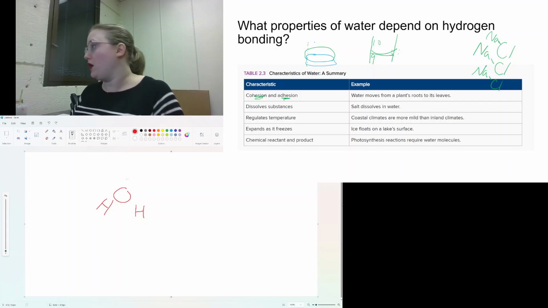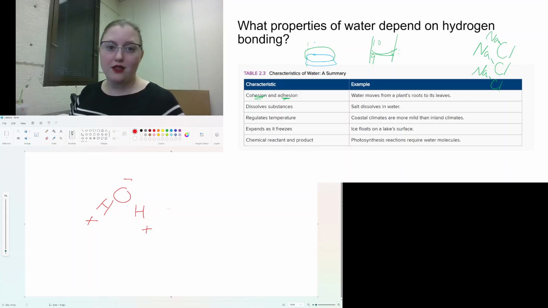Partial negative, partial positives. Does that oxygen want to be next to another oxygen? No, it doesn't. Oxygen's partially negative. So oxygen only wants to be next to other hydrogens, not other oxygens. So forms that hydrogen bond.